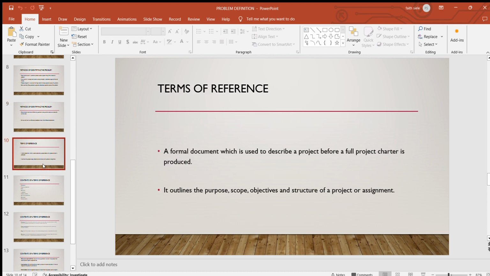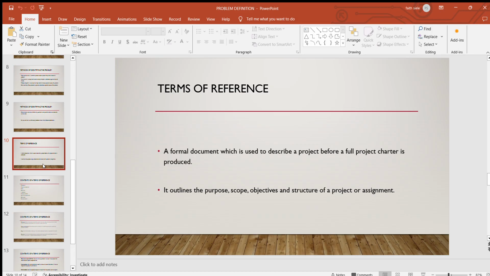It is a formal document which is used to describe a project before a full project charter is produced.